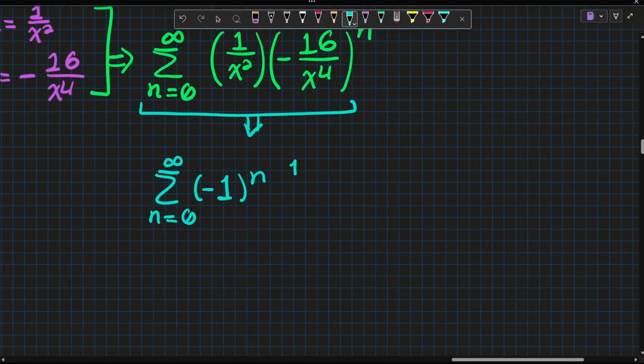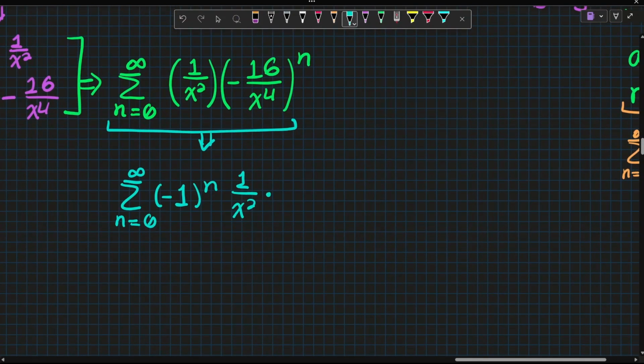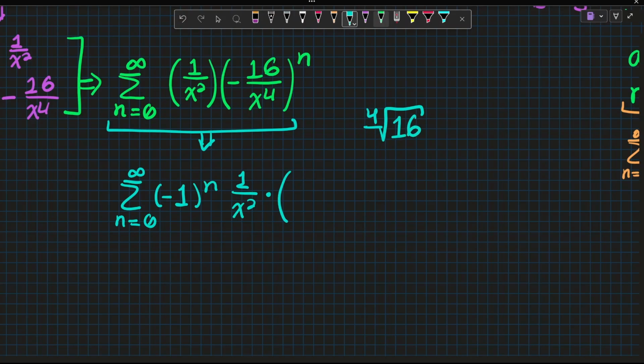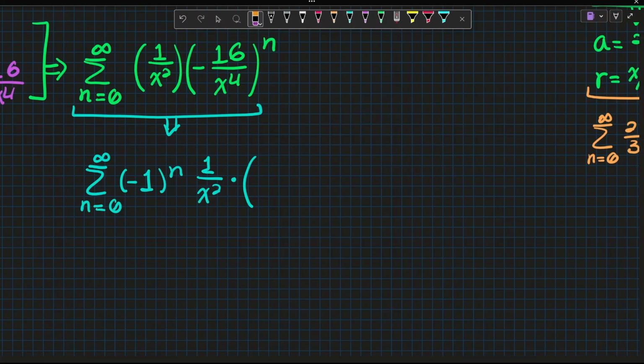Then you can say 1 over x squared. Then you can take out the fact that the quartic root of 16 is 2. Let's see, actually, 2 times 2 is 4, 4 times 2 is 8. Yeah, it's 2. So basically, this is 2 to the 4 over x to the 4, to the power of n.